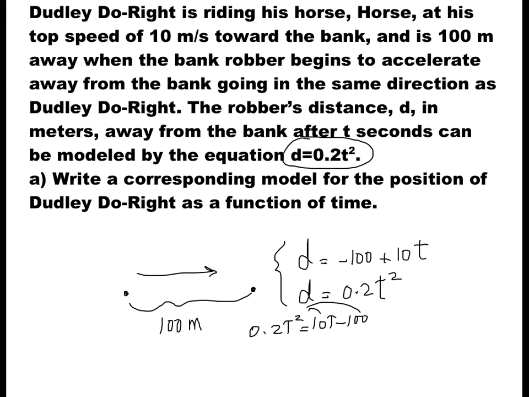I'm going to move these two to the left. I get 0.2t squared minus 10t plus 100 is equal to 0.